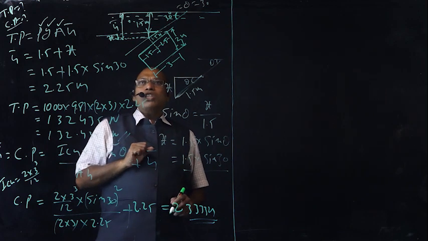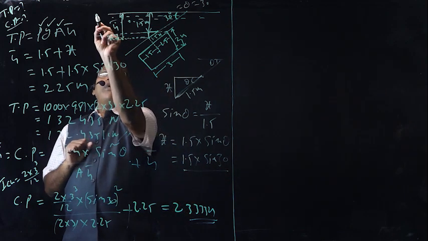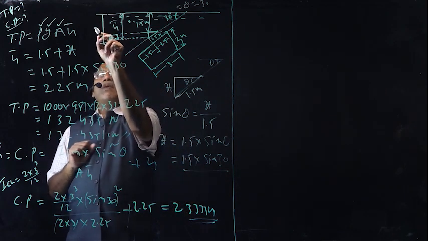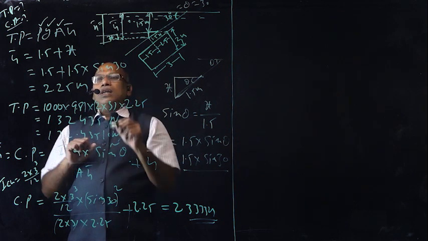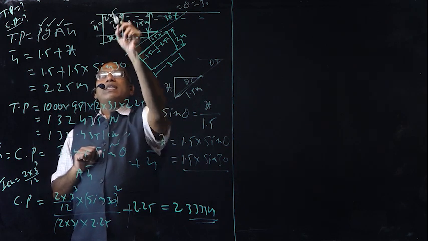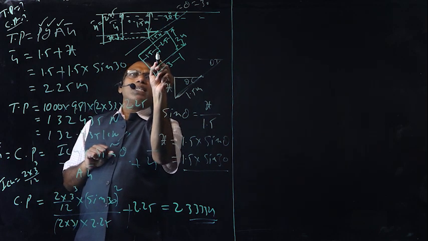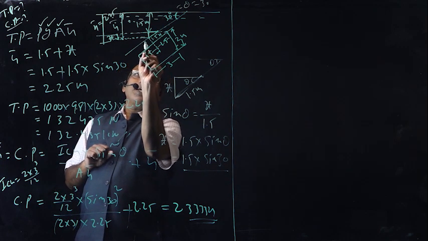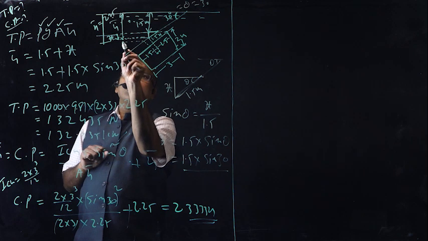In this problem also the h bar is 2.25 meters, but h star should lie below the h bar.